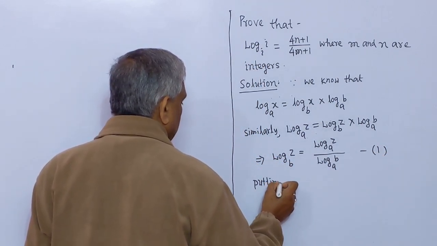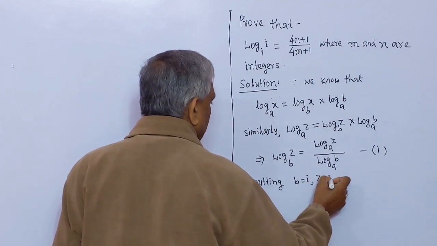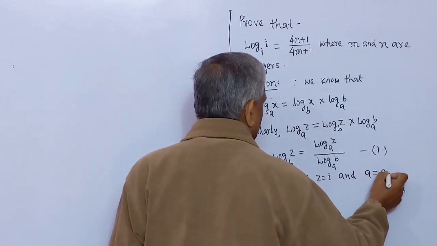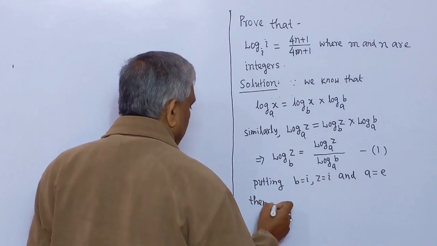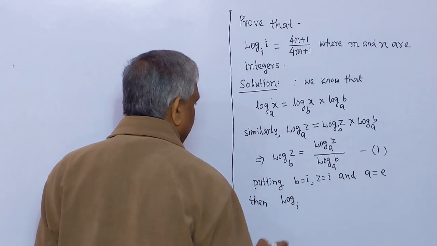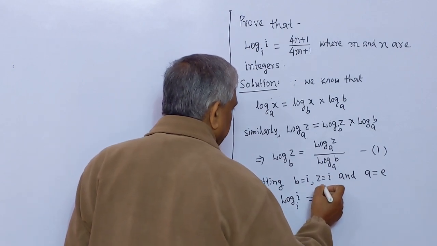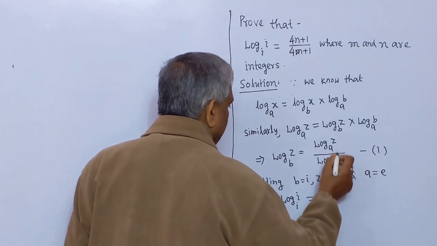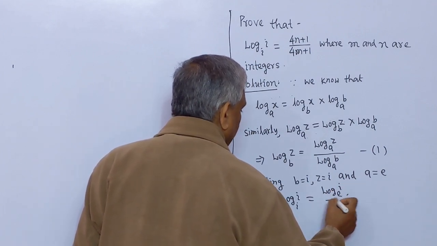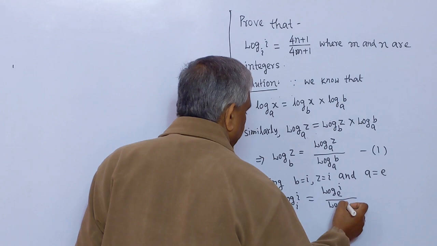Putting b equal to i, z equal to i and a equal to e, then capital Log base i of i equals capital Log base e of i divided by capital Log base e of i.